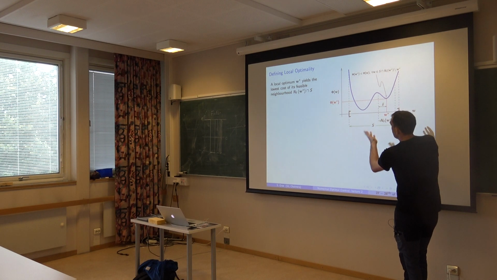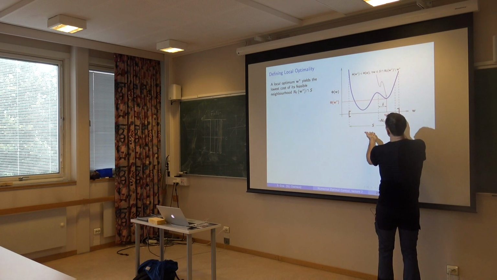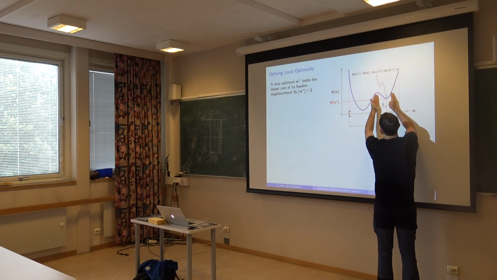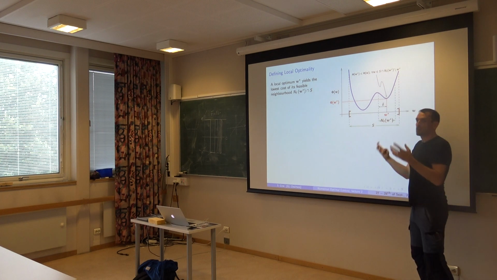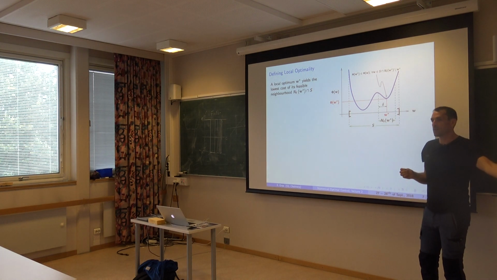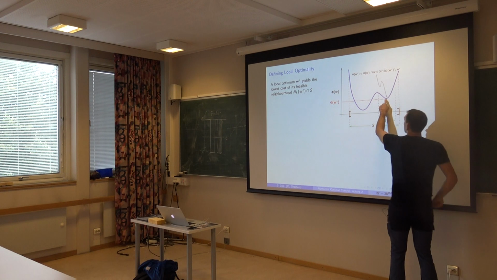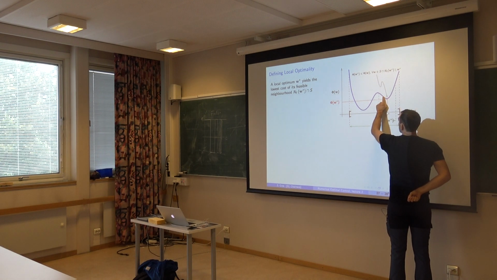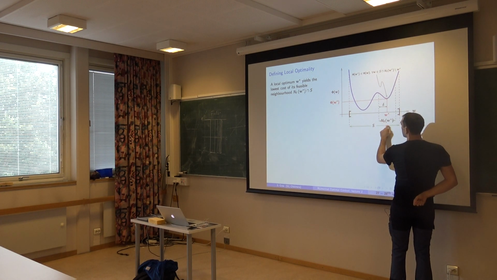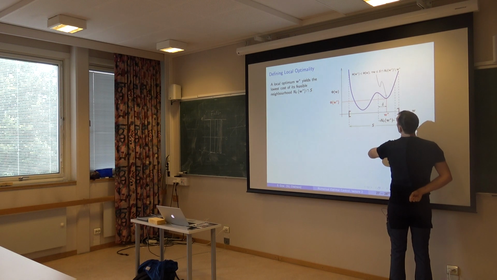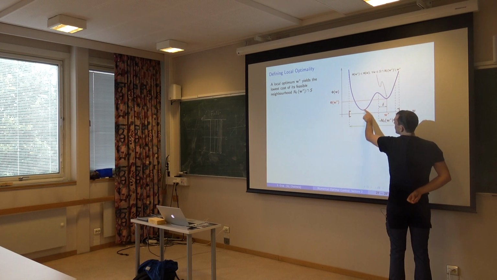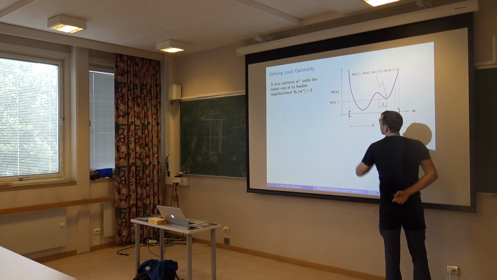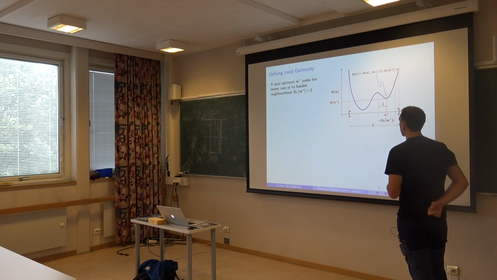Roughly speaking, a local minimum is some place in the function where, in the neighborhood, the cost is larger, but not necessarily over the whole function. So anywhere around this point, if I check in the neighborhood, this N delta, I'll find larger points. But if I go beyond that neighborhood, I may actually find better solutions, for example, down here.